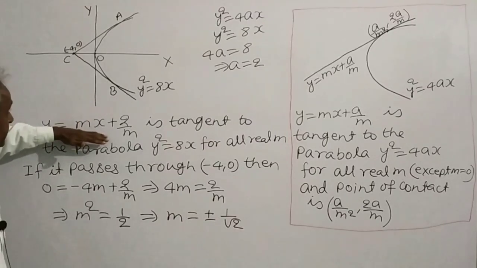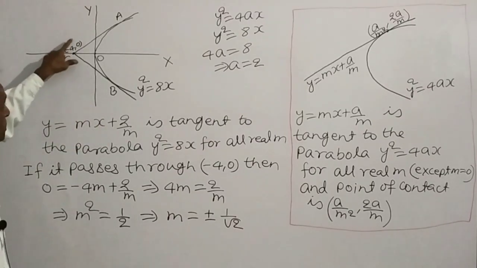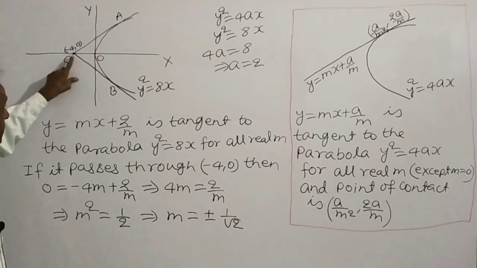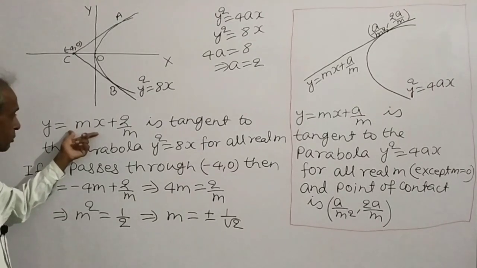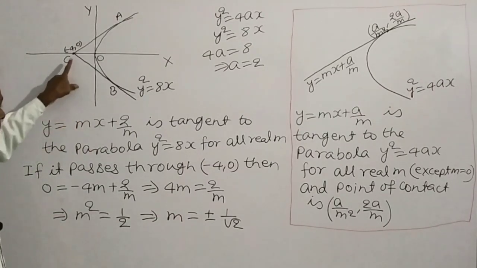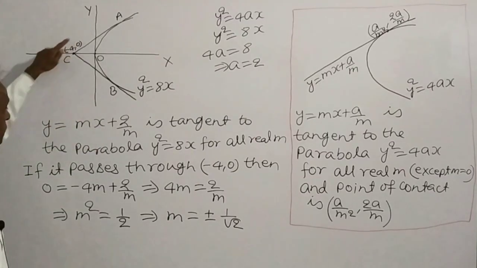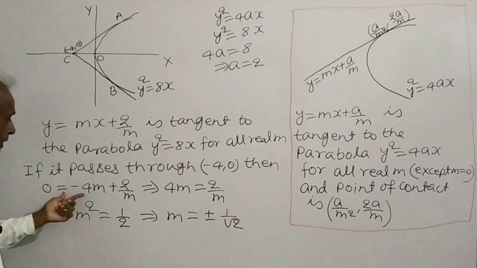If this tangent passes through the point -4, 0, then the coordinates of this point will satisfy this equation. Putting -4 in place of x and 0 in place of y, we get this.